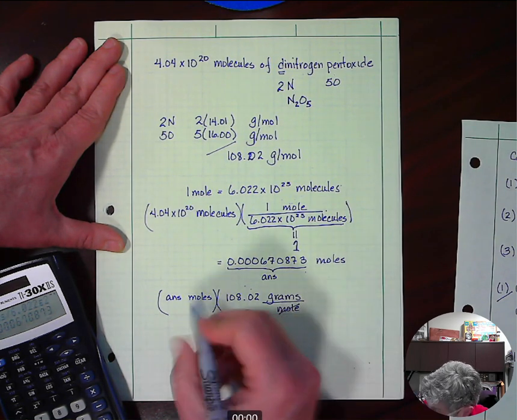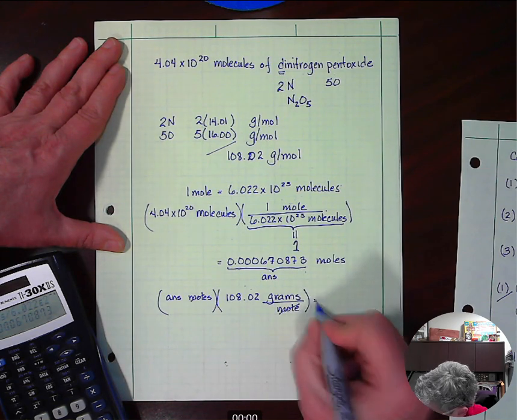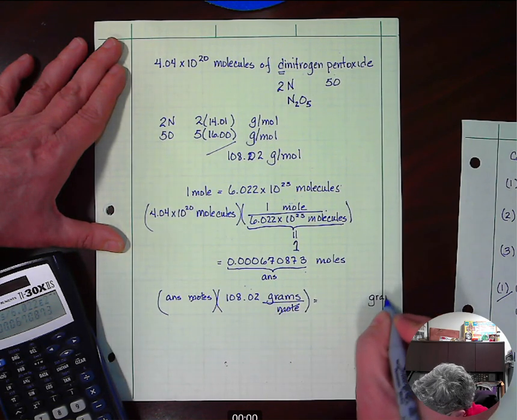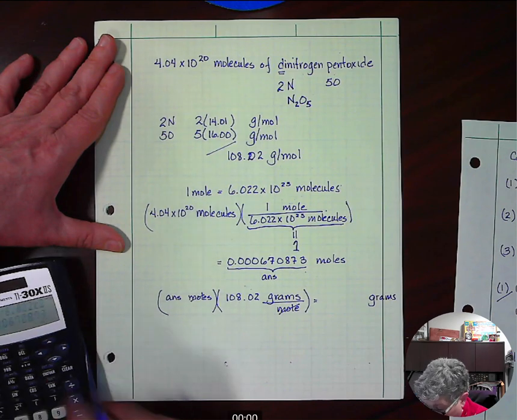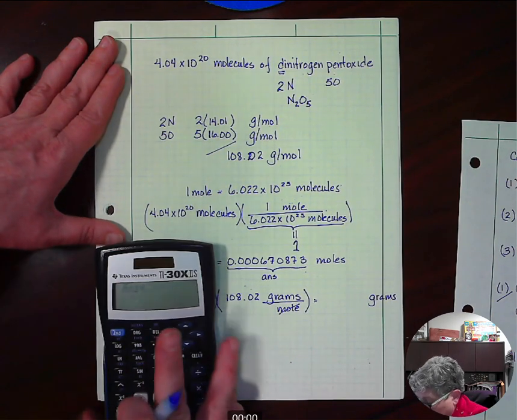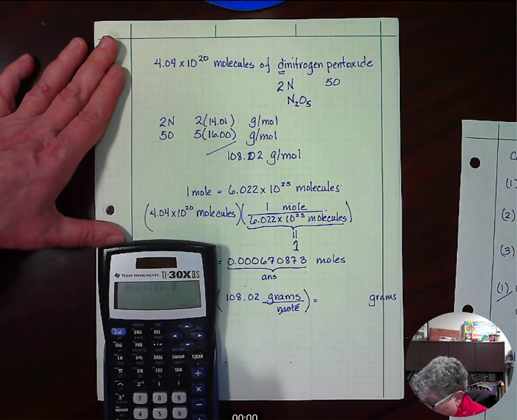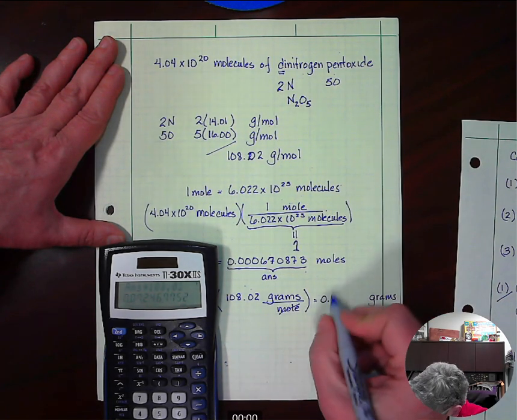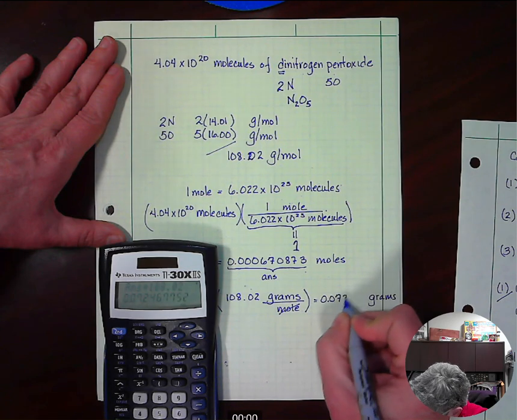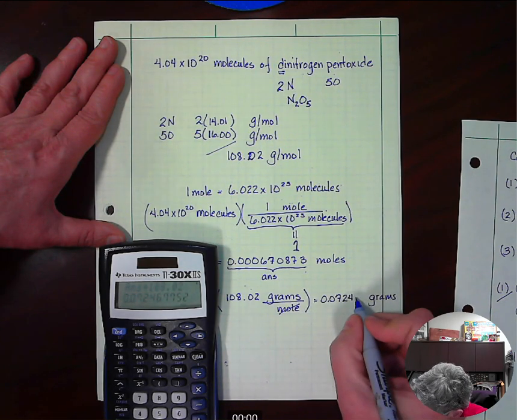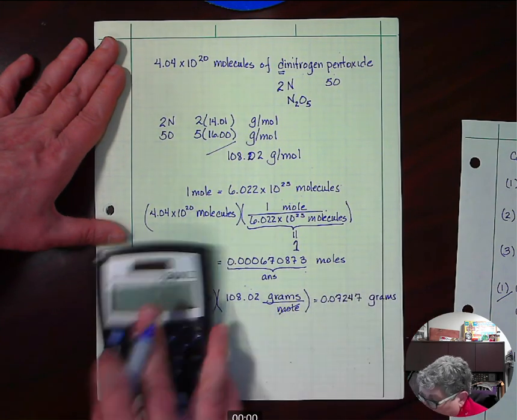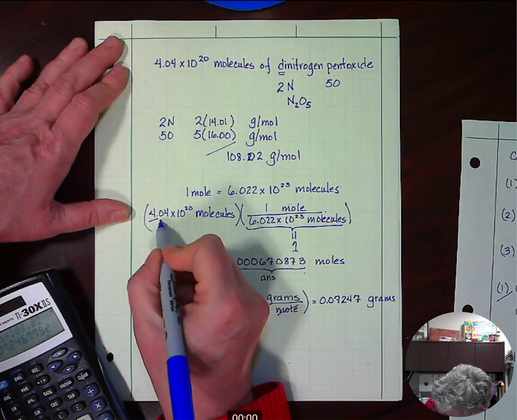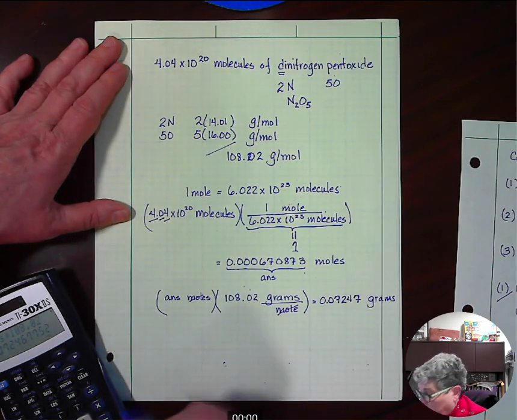And my moles will cancel out, and that's going to leave me in grams. So now I've got that, so I'm going to multiply times my 108.02. And now I've got a number that's 0.07247. We're only in 3 significant figures. 1, 2, 3, only 3 significant figures.